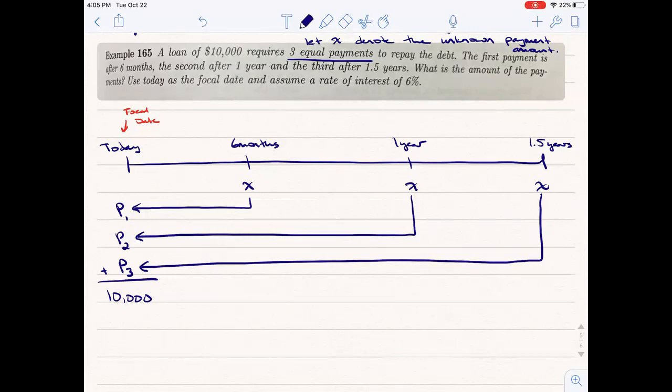Even though it looks like I haven't filled out my timeline, that's all I know. I know I have X as my unknown payment amount, and that's going to get pulled back to P's. But I can start putting T1: from today to 6 months is 6 over 12. We can do 0.5 if we want, half a year.